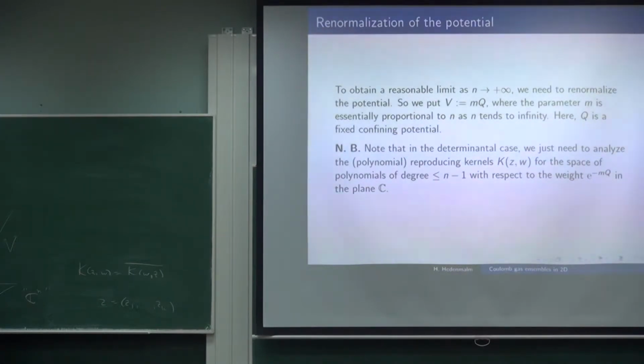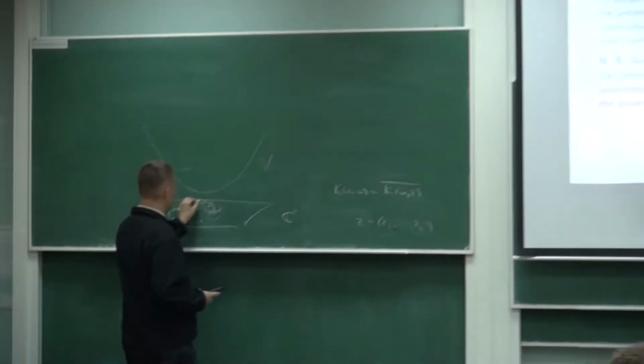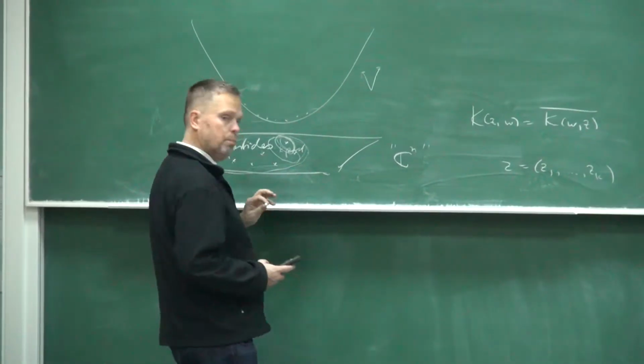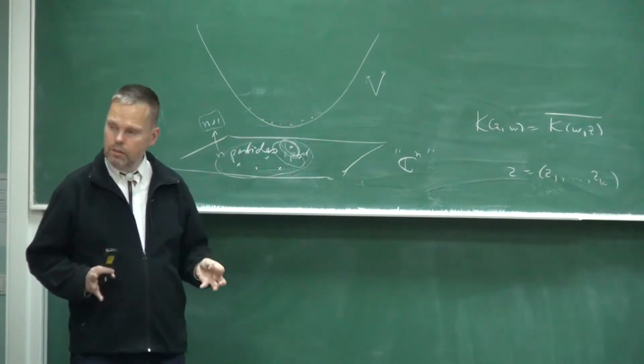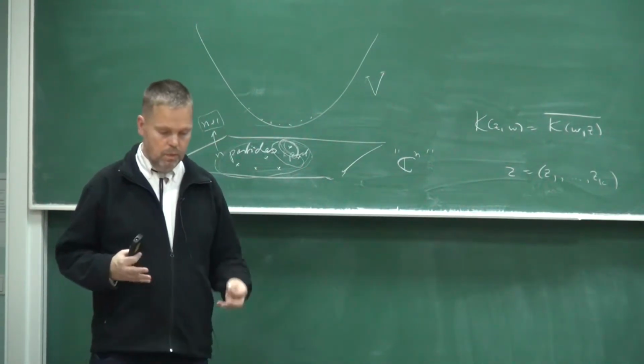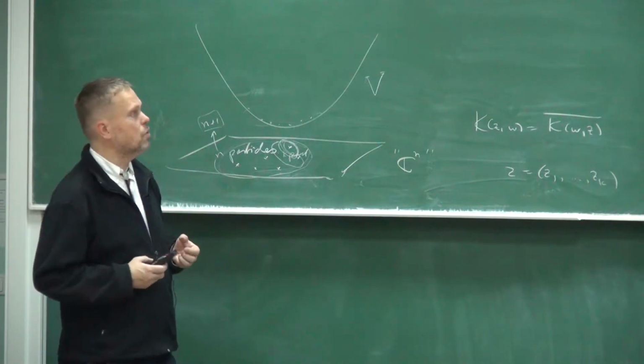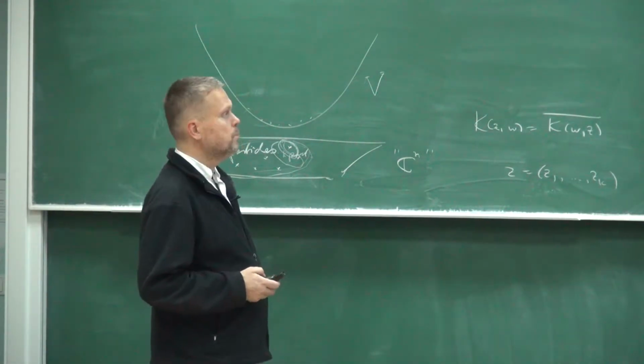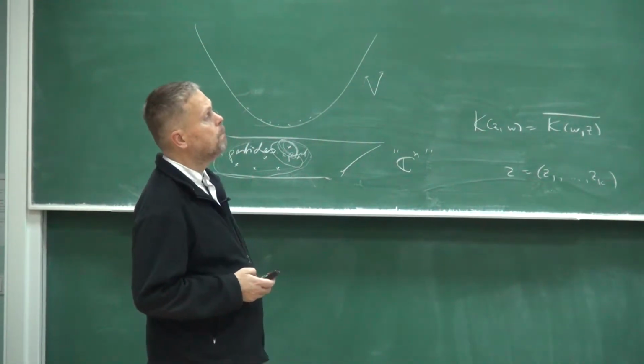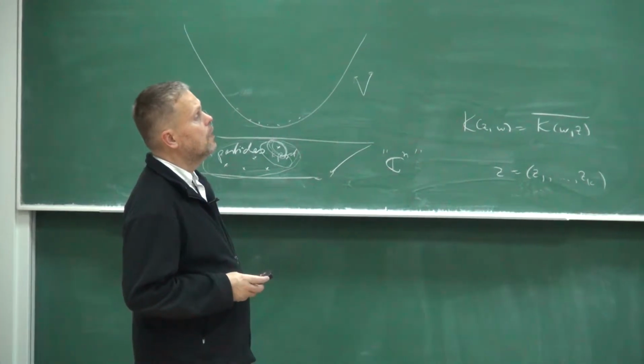So we have two parameters. N is the number of particles, and we have the scaling parameter for the potential. And then what happens is that you're able to constrain the particles to stay essentially within a certain compact set. All right.